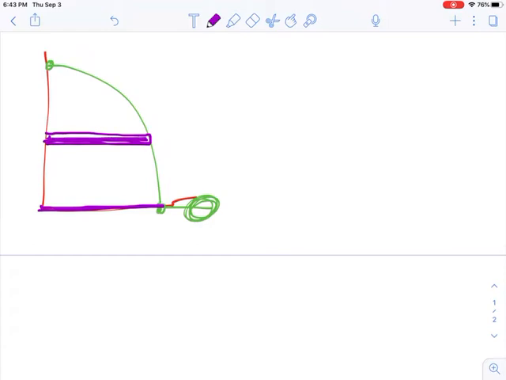And so we're rotating this around the x-axis this way. And so this distance here is going to be the radius. And so let's set up the integral.